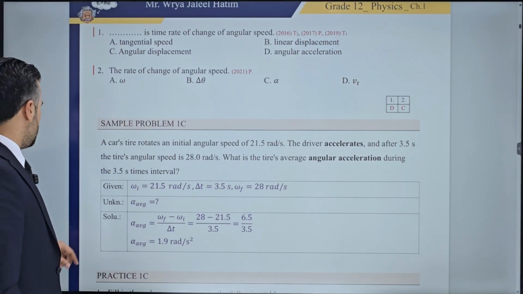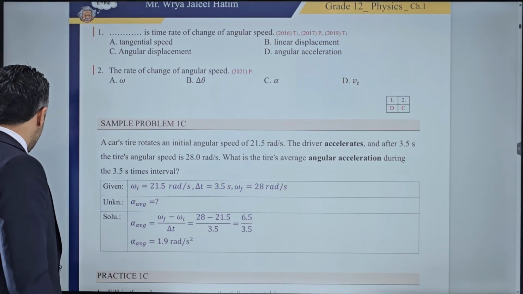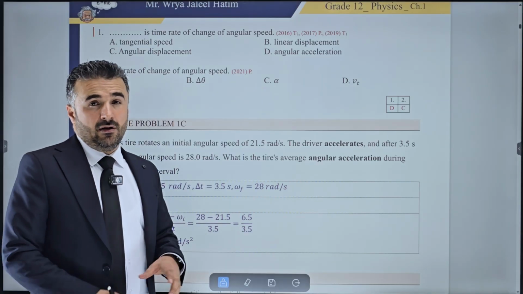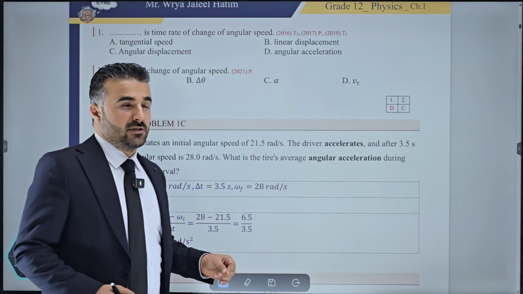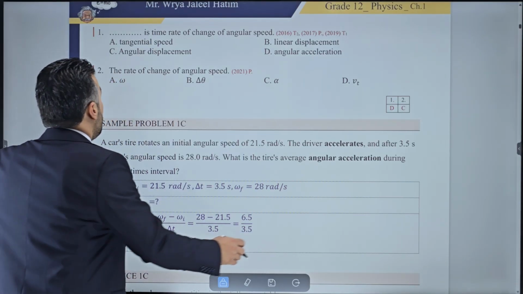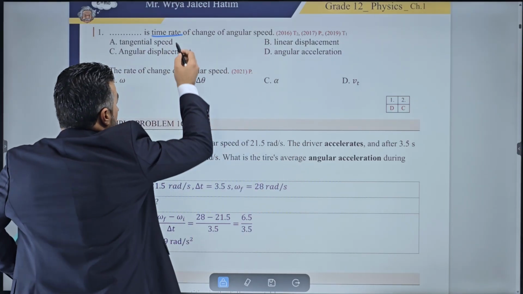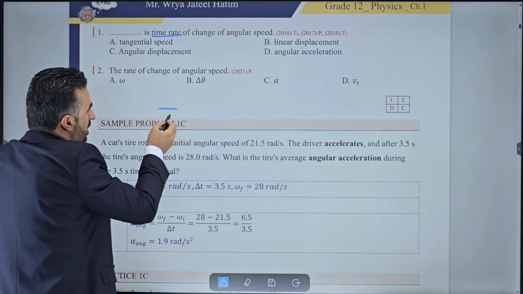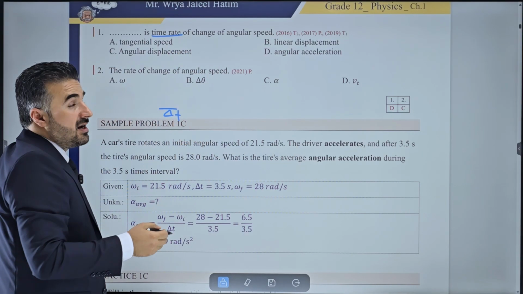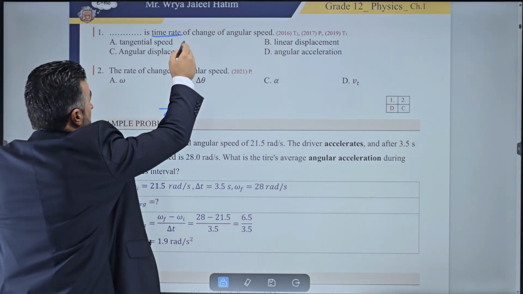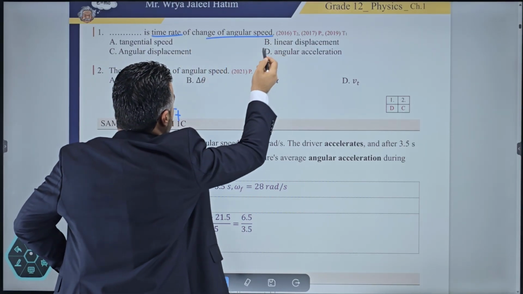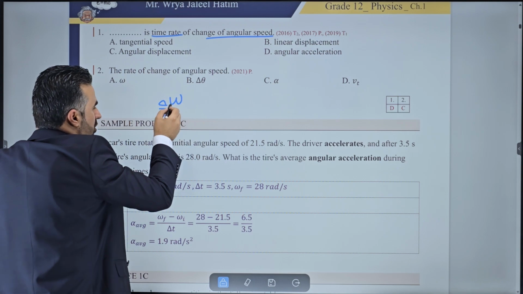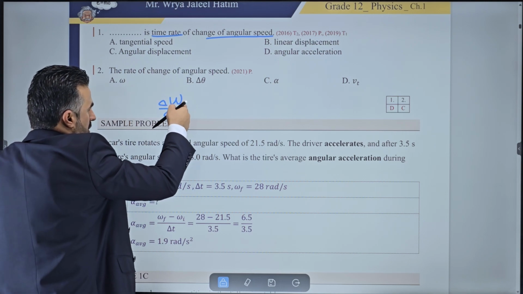I want to take a look at this definition. Even if you did not memorize the definition, you can always remember the equation to help you choose the correct answer. It says it is the time rate, and we've learned that whenever it says the time rate, that means something divided by the time. Well done. It says the time rate of change of angular speed. Just write change, delta omega, or change in angular speed.